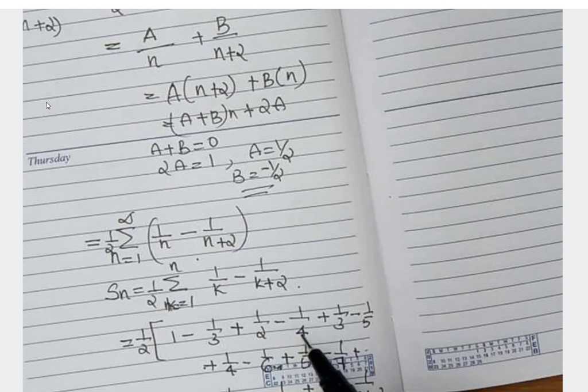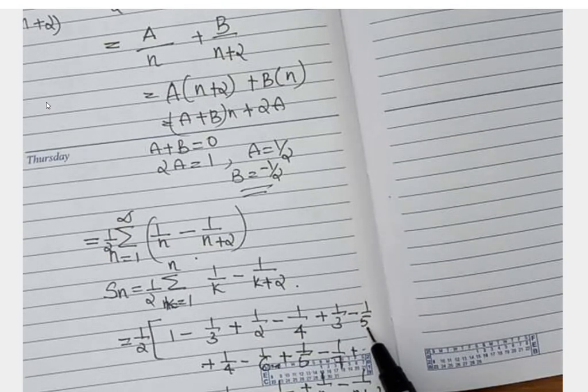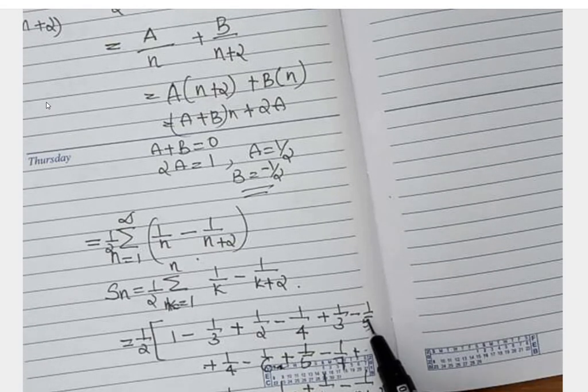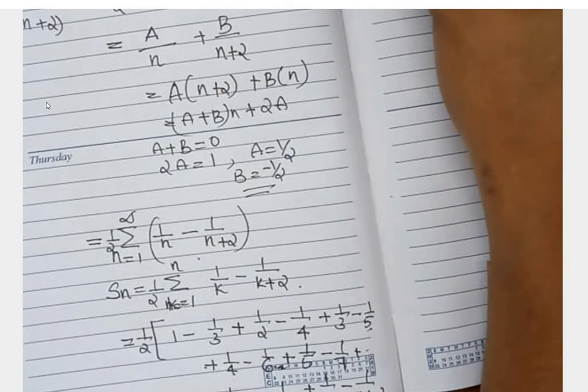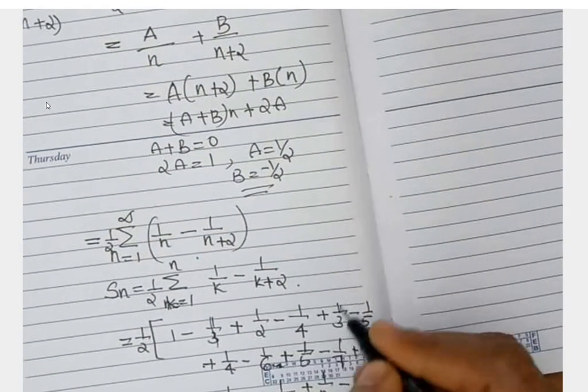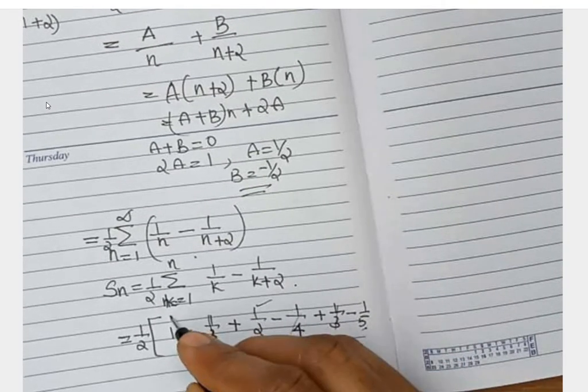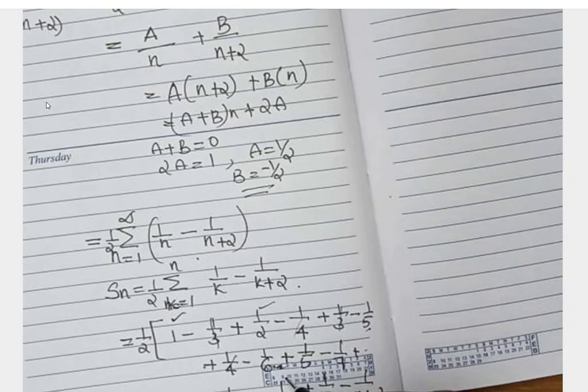And 1 by 6 is remaining, and minus 1 by 5 is also there. So the remaining terms are 1 by 3, 1 by 4, 1 by 2, and 1.